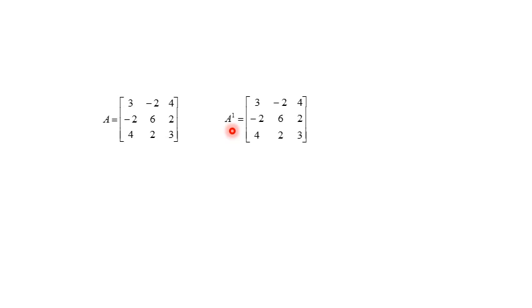When you take the transpose, the first row 3, minus 2, 4 will come as the first column, and minus 2, 6, 2 will come as the second column, and the third row in A, that is 4, 2 and 3, will come in A transpose as the third column. So we have taken matrix A and we have written A transpose.